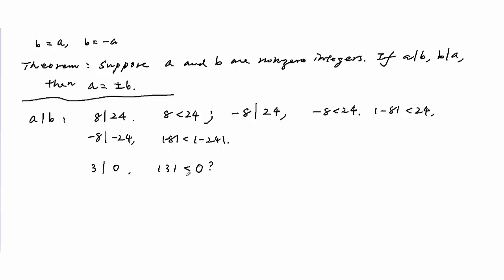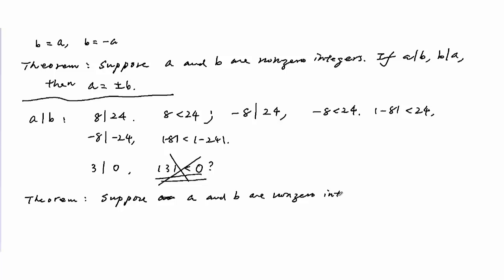Of course not. Okay. So now with this discussion, we can come up with another theorem that is also in the book. So we want to avoid something like this. Suppose A and B are non-zero integers.